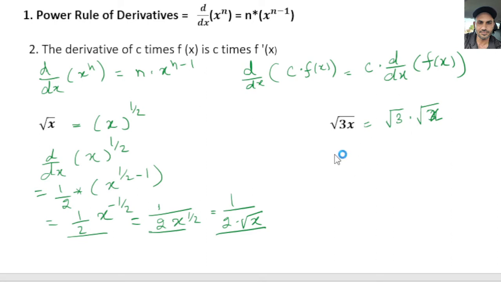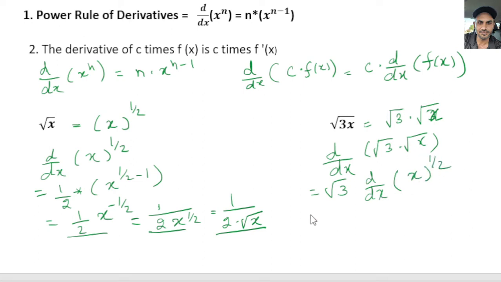So I'm going to take the derivative of this, d over dx of the square root of 3 times the square root of x. We take the square root of 3 out, and I'm going to change the square root of x to x to the 1/2, which is the same thing, because we're going to subtract 1 from the exponent, so we need it in number form.